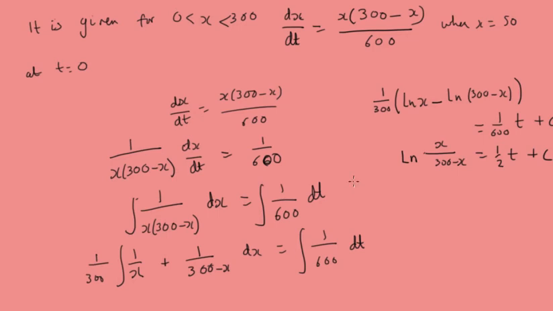Now, we know when x equals 50 is when t equals 0. So plugging these in, the log of 50 over 300 minus 50 equals 0 plus c. So c is going to be, working out that, the log of 0.2.